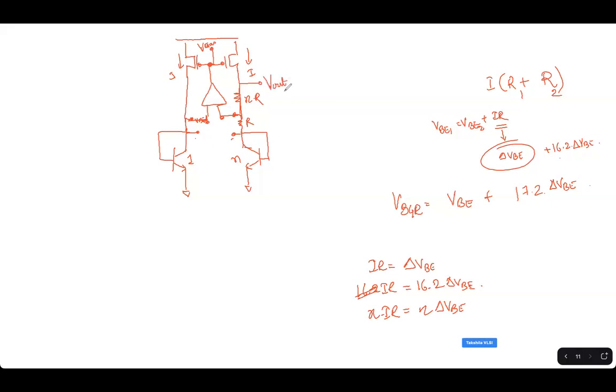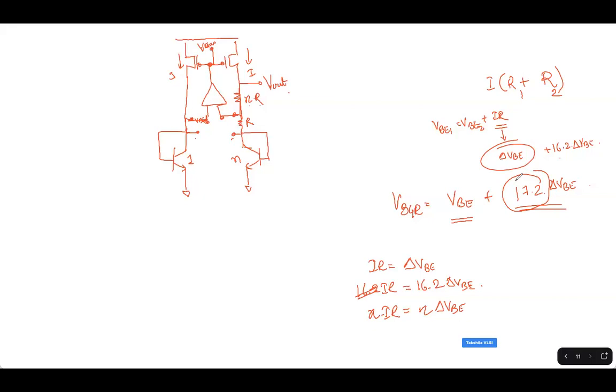V out could be n times R plus IR plus del VB. Meaning you have a VB plus a very small quantity of del VB. Now it became n plus 1 times IR, a bigger quantity. Basically, you are able to scale it up. Whatever the voltage you wanted, you are able to scale it up.